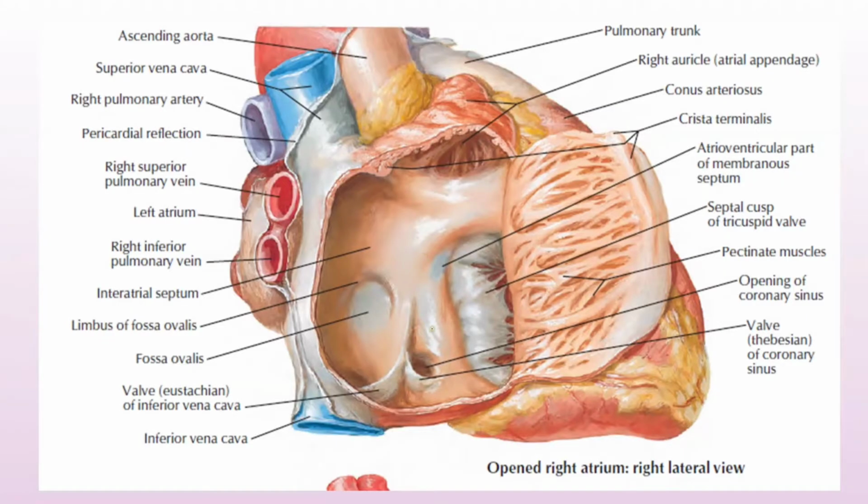Now look at this picture. This part is showing interatrial septum. This is the opening of coronary sinus and the septal cusp of tricuspid valve.